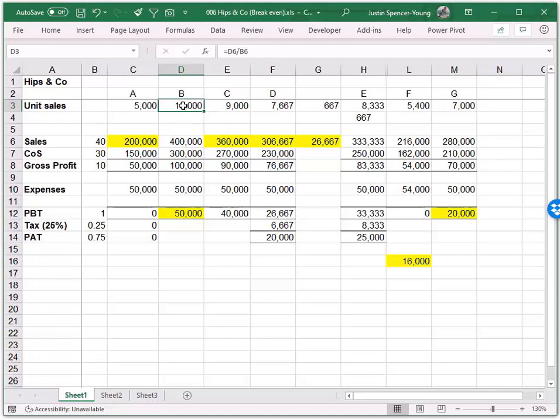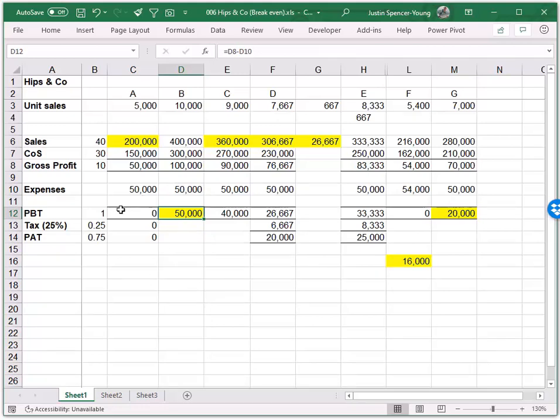And once we've got the units, 10,000 times 30, remember 30 was given, gives us 300,000 Rand in a cost of sales. And 400,000 minus 300,000 gets us to 100,000. Less the expenses of 50,000 gets us to a profit of 50,000, and hence that's the number I've highlighted.